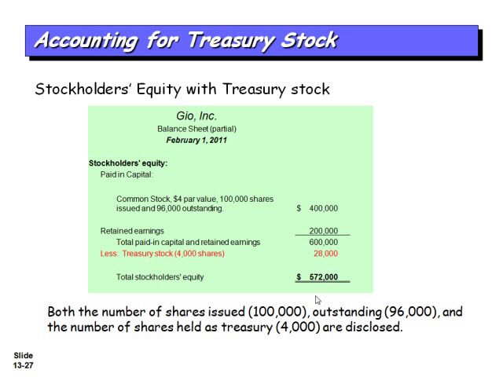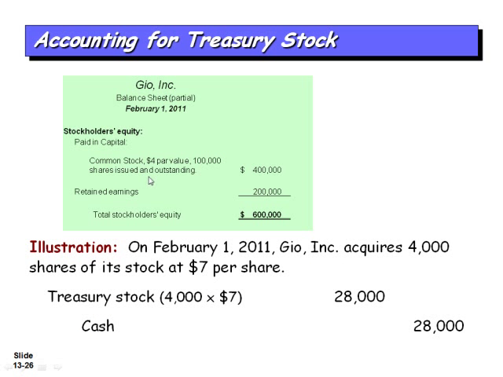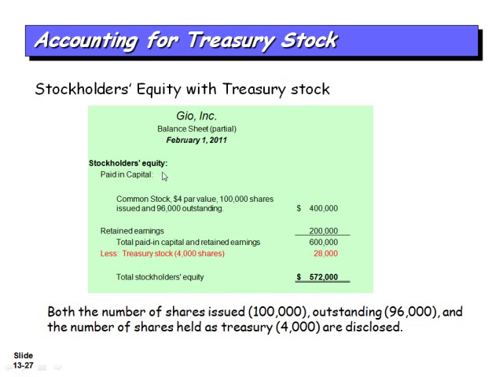So how does this look on the balance sheet? Now, the change is here. $4 par value, 100,000 shares issued, and 96,000 shares outstanding. In the last slide, we said issued and outstanding. Now we've got to be more specific in our description.